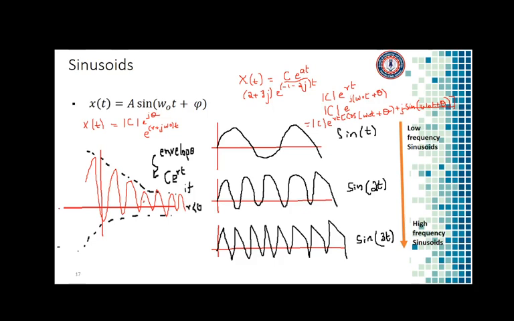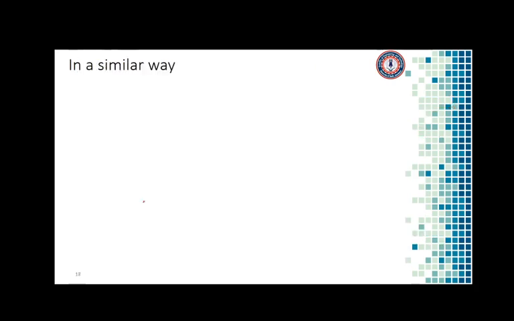So far we have talked about sinusoids in terms of the continuous domain, but let me explain it when it comes to the discrete domain. Life is similar in discrete time, and in a similar way we come across signals where I have a discrete time signal that is some constant times some number to the power of n, which I think of as constant, e power beta n, where alpha is equal to e power beta.